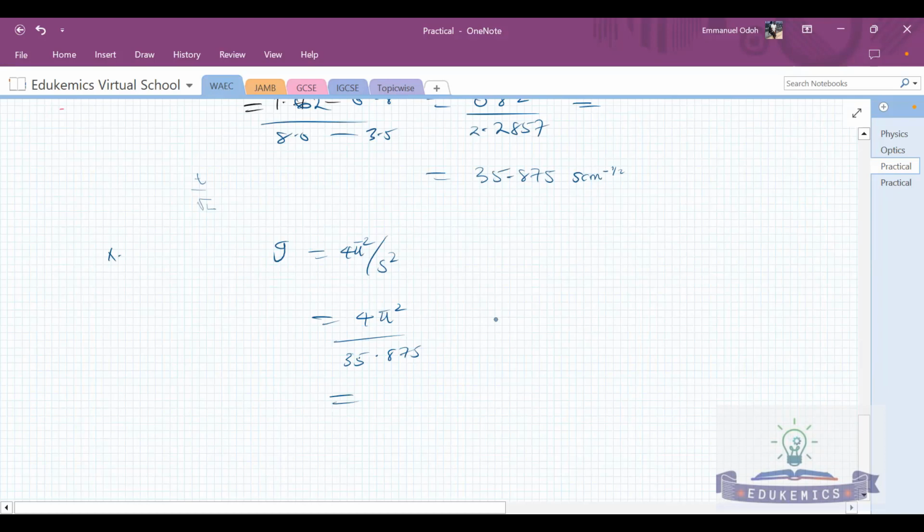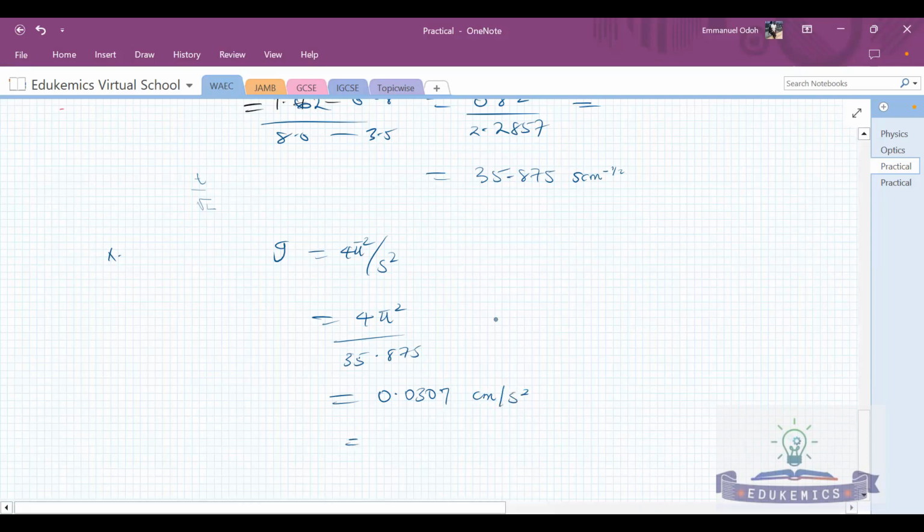So what we should have there should be 4 pi squared over 35.875 squared, which is 0.0307 centimeter per second squared.